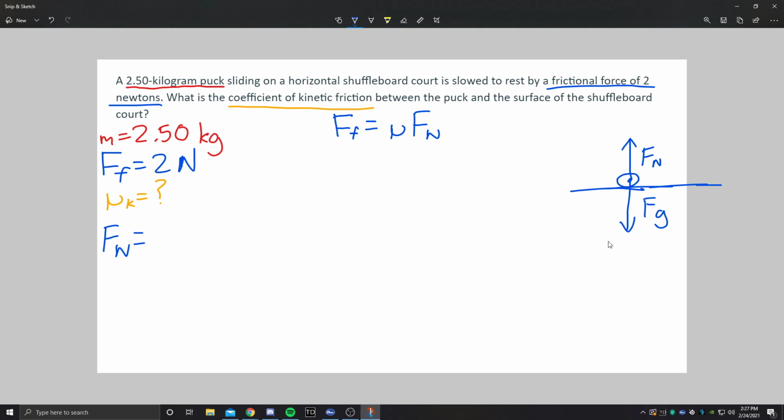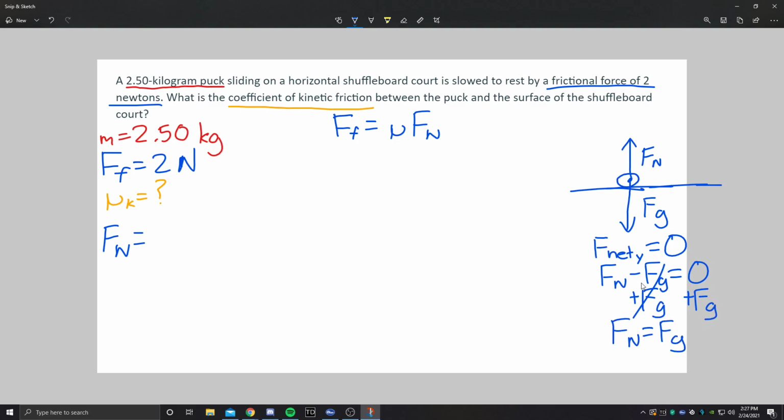Well, what we can say is that our total net force in the y direction is 0. And so Fn minus Fg is equal to 0. Well, if we add Fg onto both sides, we now figure out Fn is equal to Fg, your force due to gravity.